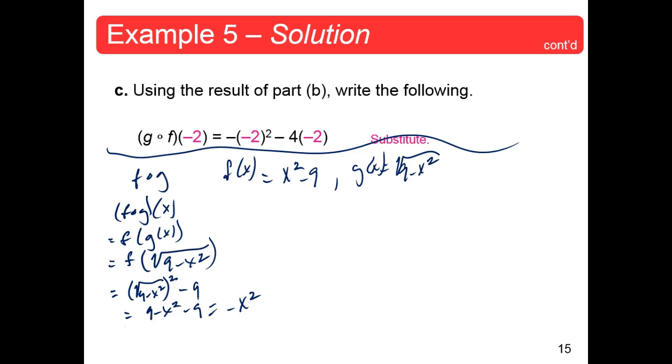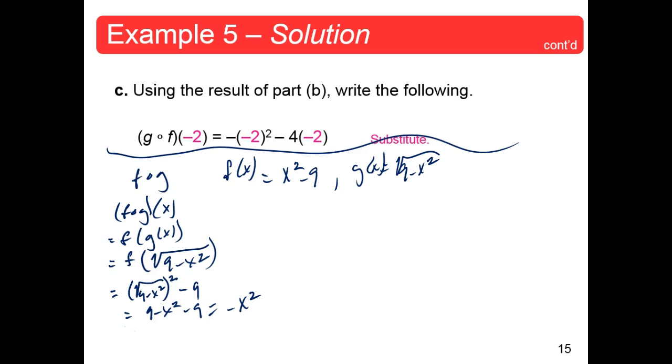Now look at that and say, what's the domain of that? Looks like all real numbers, doesn't it? But it's not, okay? Because you have to start here. X started here with the g.